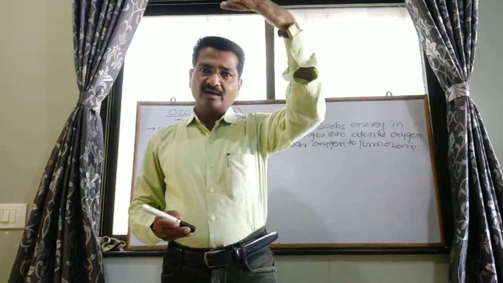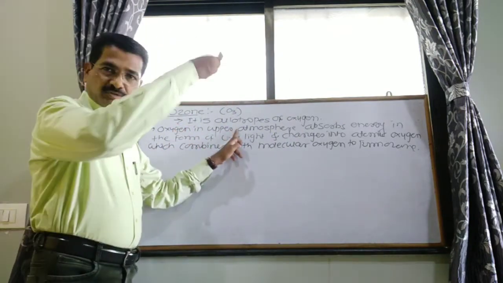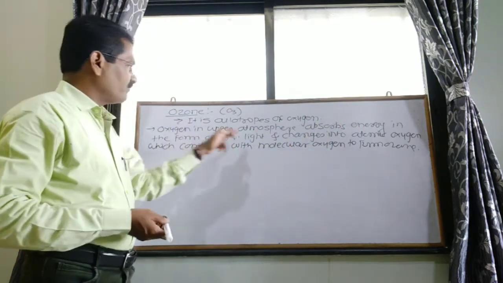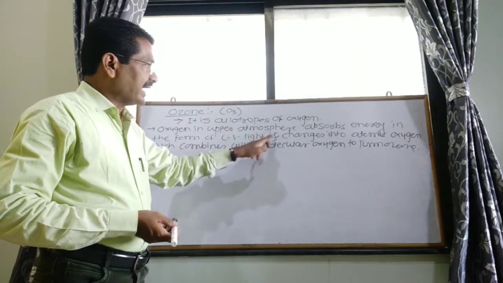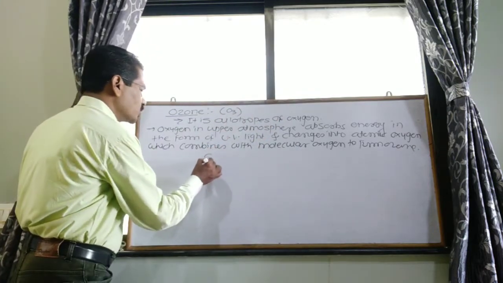At a specific distance from the earth, oxygen in the upper atmosphere absorbs energy in the form of UV rays and changes into atomic oxygen. How? This is oxygen, O2.